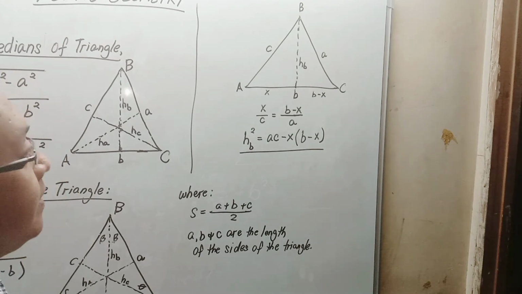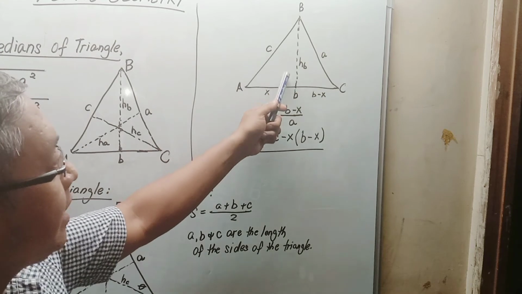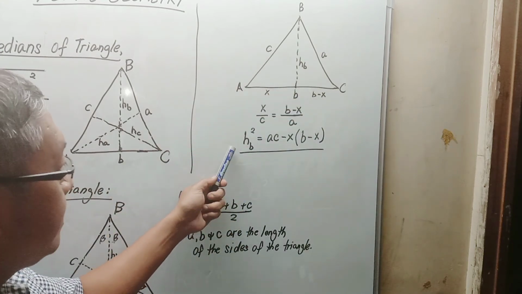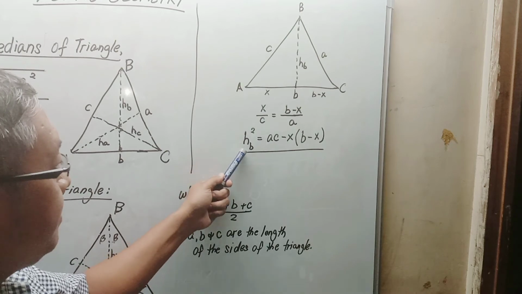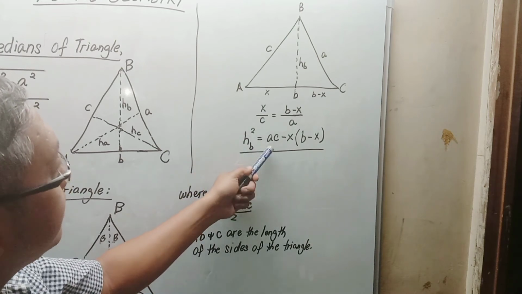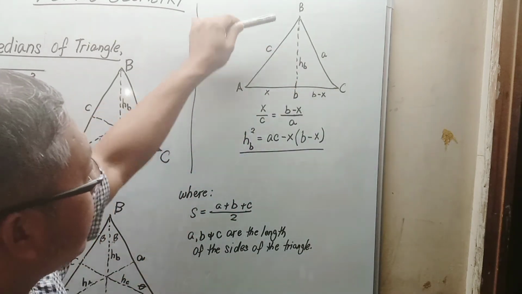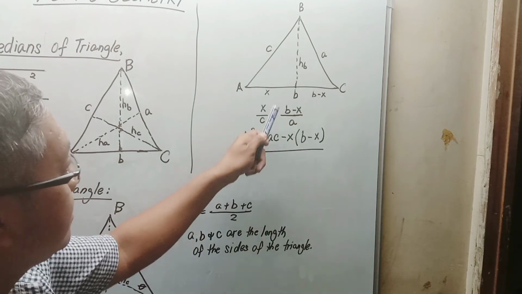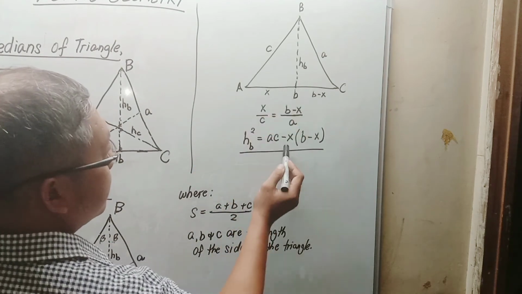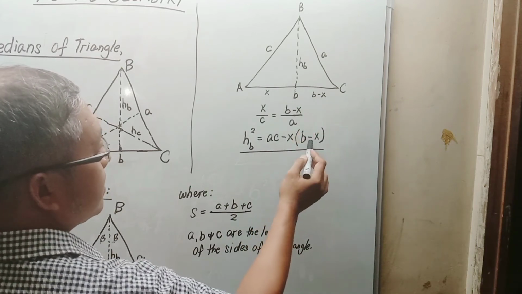Now, to find the median for this particular triangle, it's h sub b. We have our equation: h sub b squared is equal to the product of the two sides, the a side and the c side, minus x, times the difference b minus x.